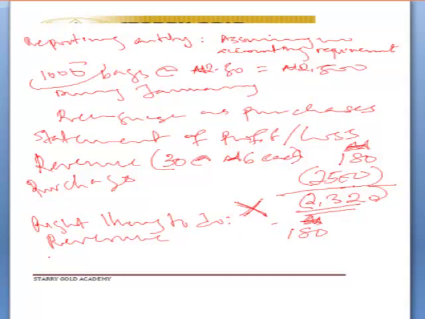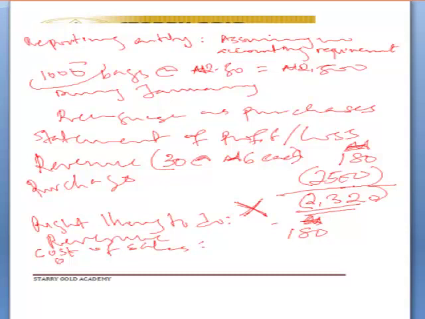Now his cost of purchase that is going to be matched against that revenue we call cost of sales.